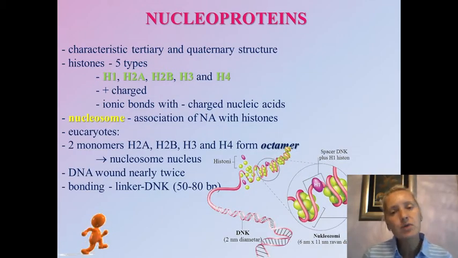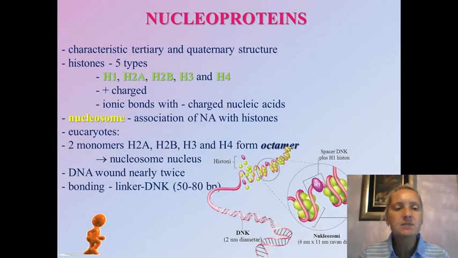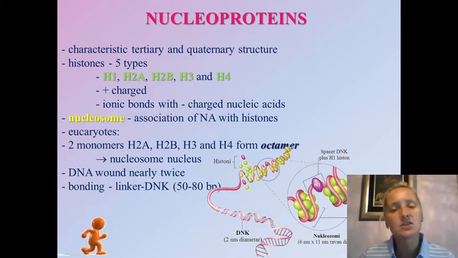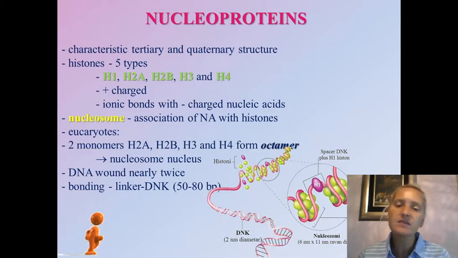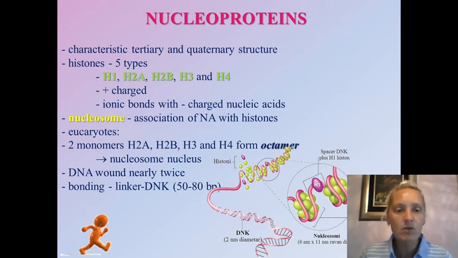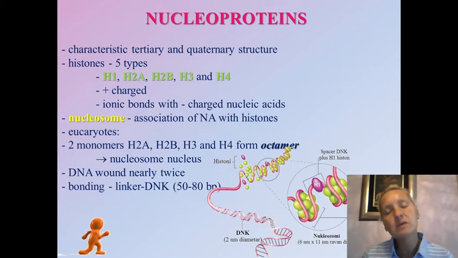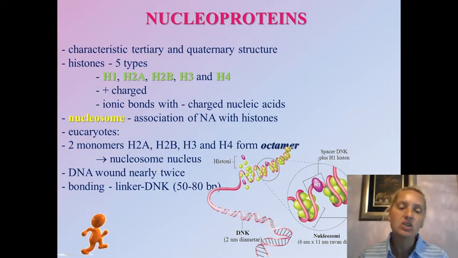Nucleoproteins have a very specific, characteristic tertiary and quaternary structure. You know the definitions of those two levels of protein structure organization. In the structure of one nucleoprotein, 5 types of histones are involved, marked as H1, H2A, H2B, H3, and H4.